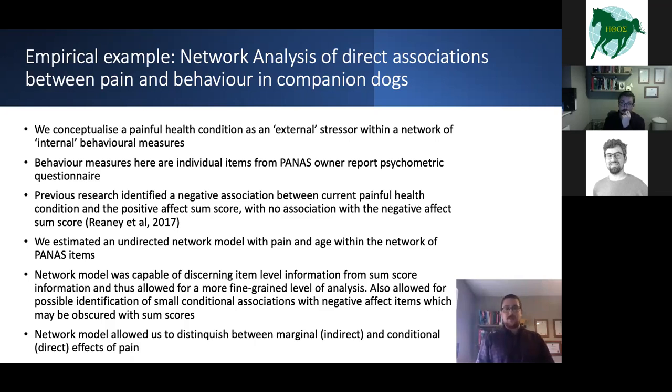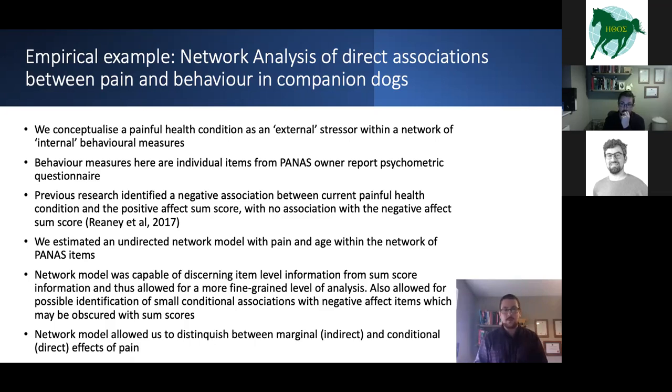What we did was estimate an undirected network model with pain and age as nodes within the network of PANAS items. The reason we did this was because the network model is capable of discerning item level information from sum score information. So it allows for a slightly more fine-grained level of analysis.